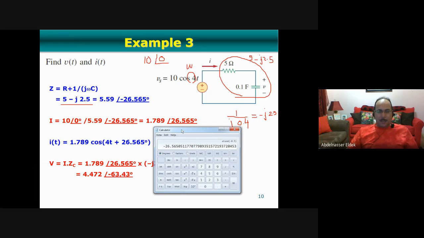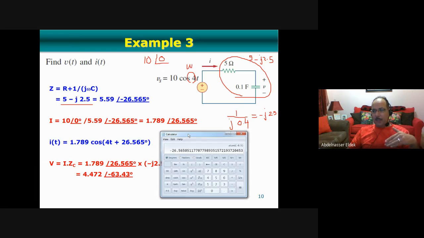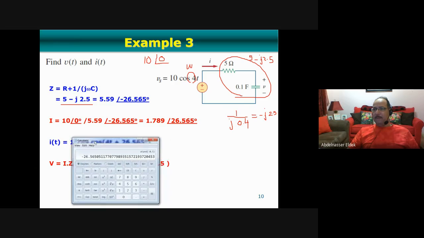If you want to calculate the current, the current equals voltage divided by resistance, here voltage divided by impedance. The voltage here is 10 with angle 0, and the impedance is 5.59 with angle negative 26.565.